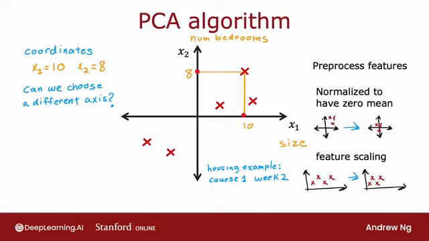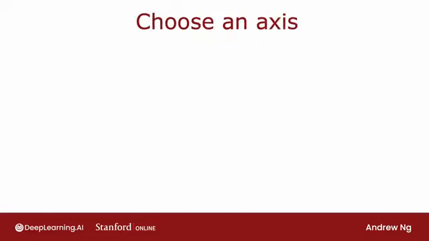what does PCA do next? To examine what PCA does, let me remove the x1 and x2 axes so that we're just left with the 5 training examples. And this dot here represents the origin, the position of 0 on this plot. What we have to do now with PCA is pick one axis instead of the 2 axes that we had previously, with which to capture what's important about these 5 examples.